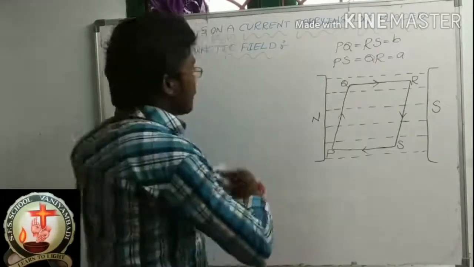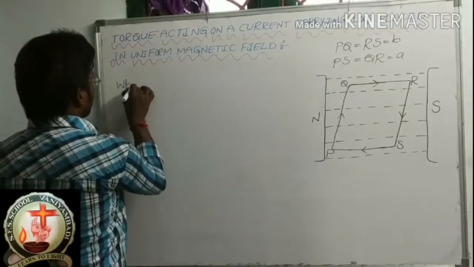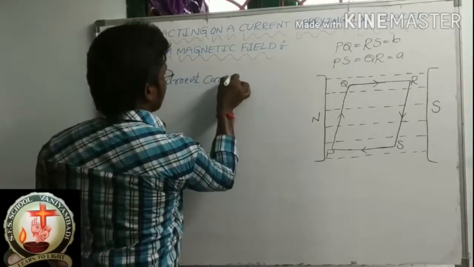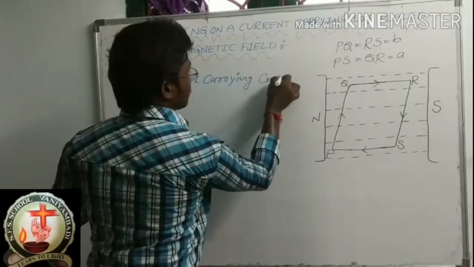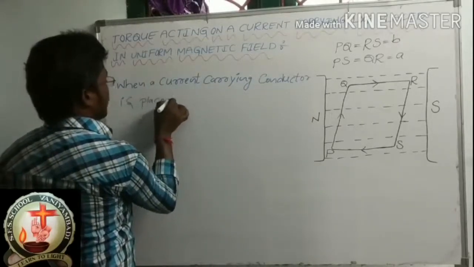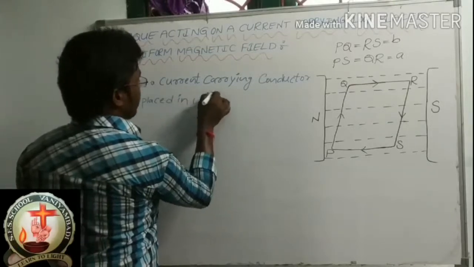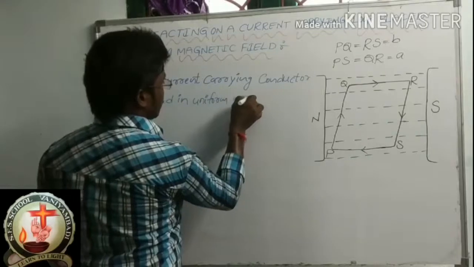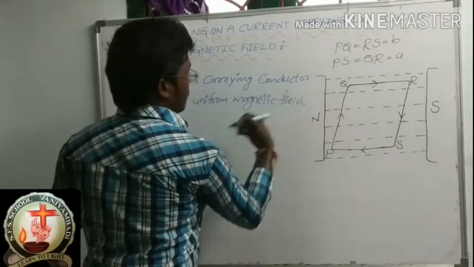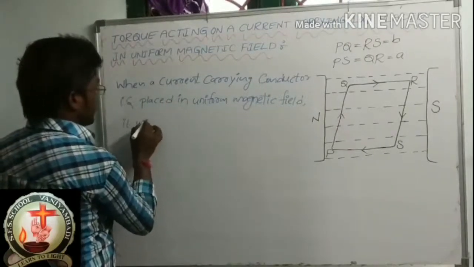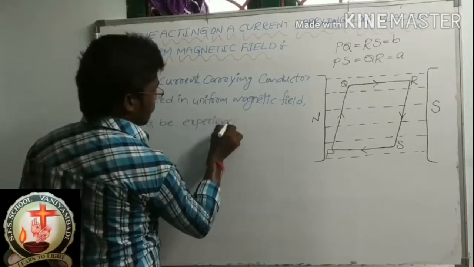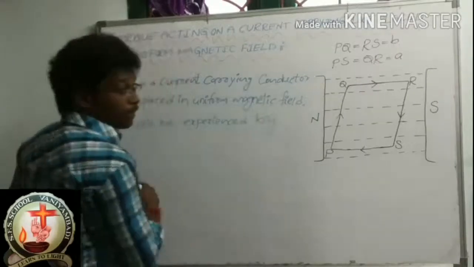So I will write that step C. When a current carrying conductor is placed in uniform magnetic field, it will be experienced by force.